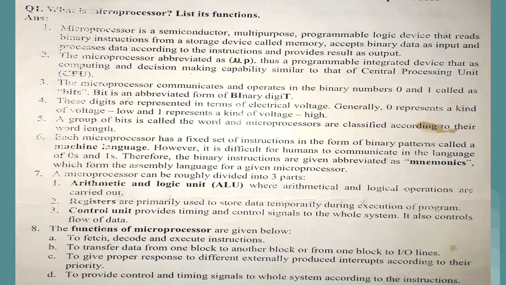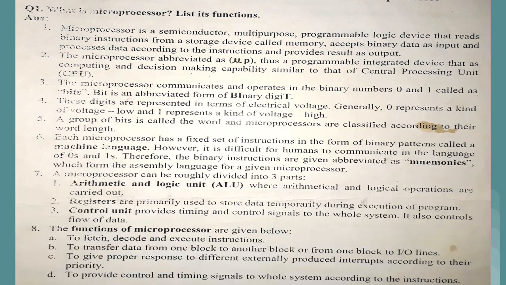Then according to the instructions which we have provided, certain processing will be performed on the data. Like if we have provided an instruction and we have provided two numbers, so definitely the addition of those two numbers is going to get performed. So like that only the functioning will be done.